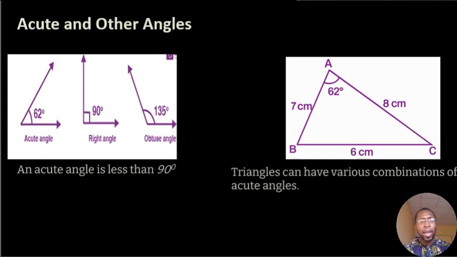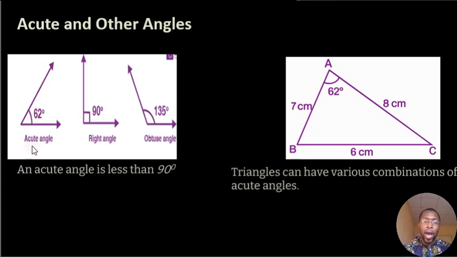Right, now aside from right angle triangle, scalene triangle, equilateral triangle, and isosceles triangle, we also have another type of triangle based on the kind of angle they possess. For example, a right angle triangle has a right angle inside.